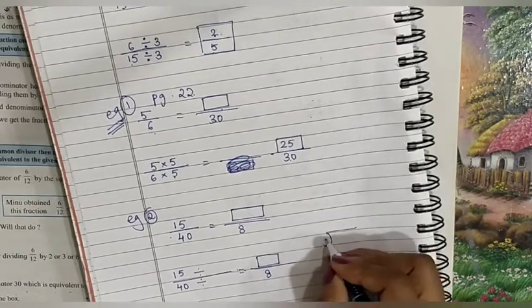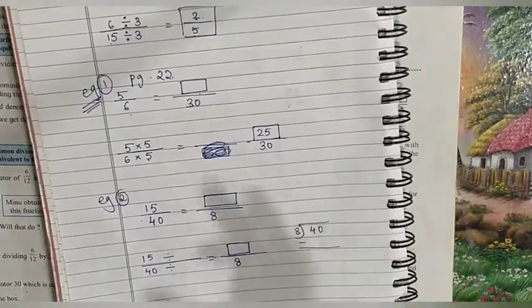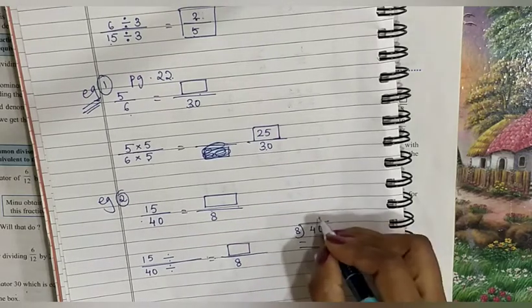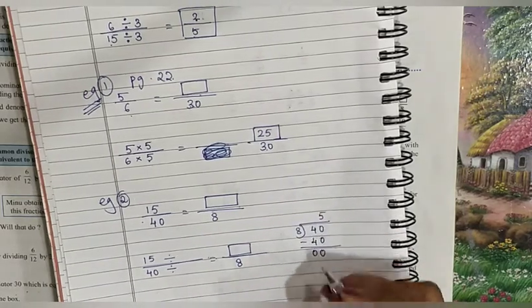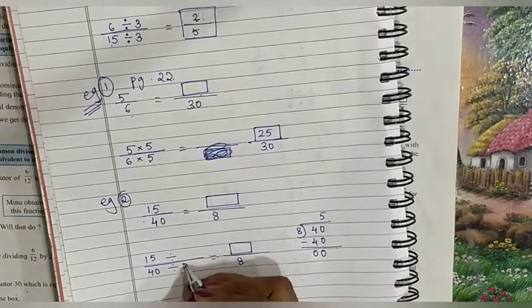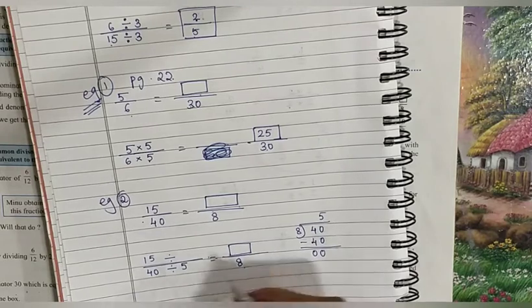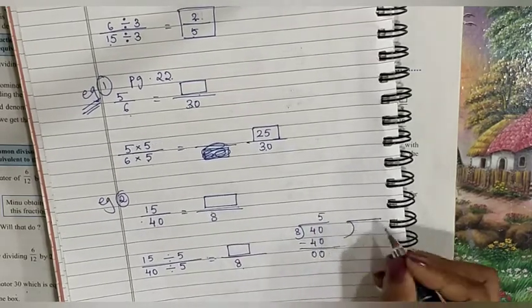If you are not very confident, just divide. 8 ones are 8, 8 twos are 16, 8 threes are 24, 8 fours are 32, 8 fives are 40. 8 fives are 40, right children? So when you divide 40 by 8, you get 5. The same you will divide by 5 up also.